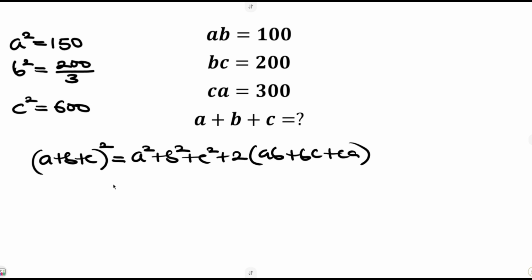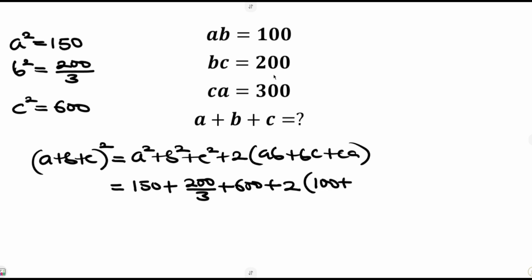So this is equal to a squared, which is 150, plus b squared, which is 200 over 3, plus c squared, which is 600, and then plus 2 times ab, as given in the question, is 100, plus bc, which is 200, plus ca, which is 300.